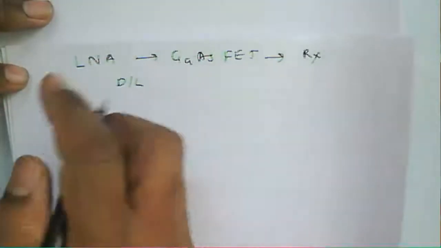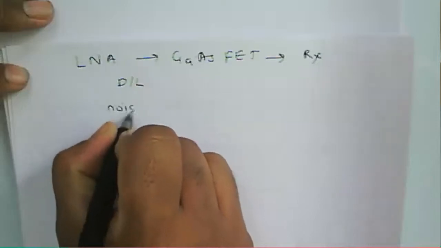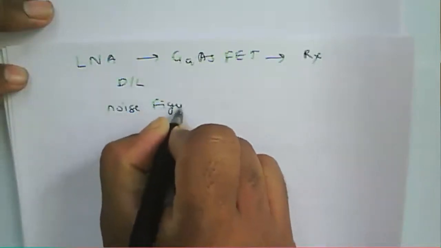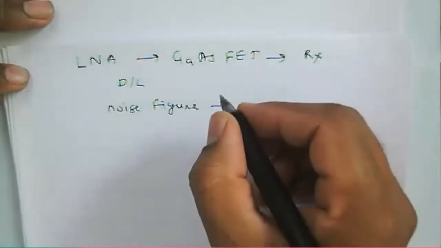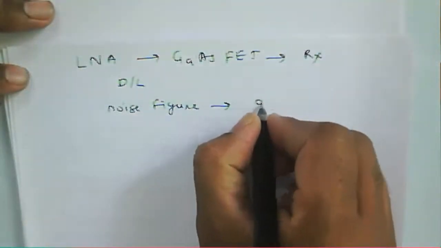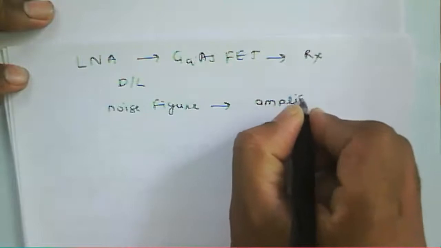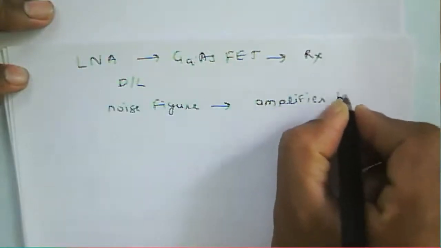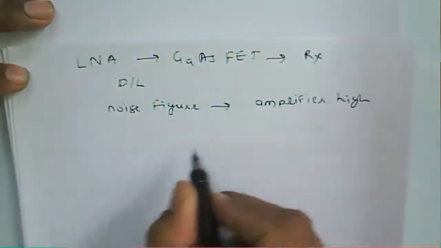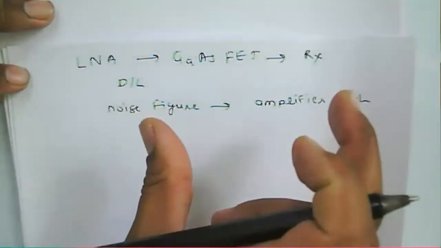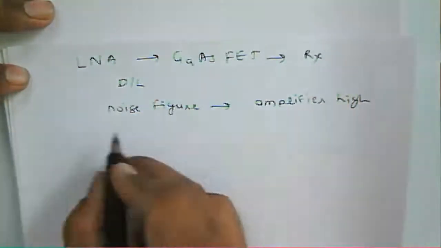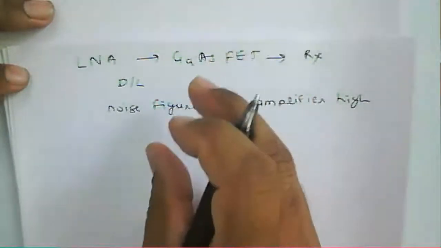So if the noise figure is low, then we can say that the output of the low noise amplifier is high. And again, the size of the antenna should be small.